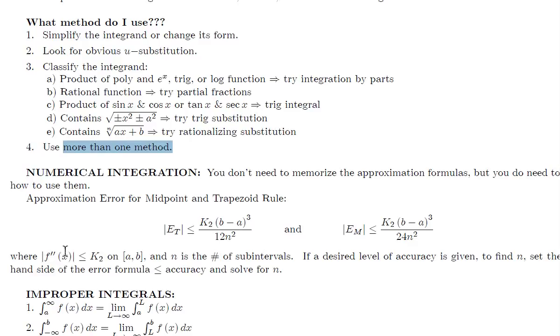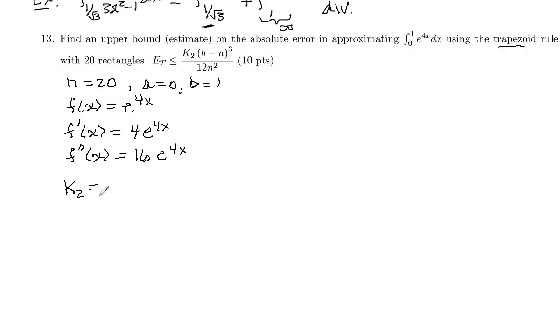The absolute value of the second derivative has to be less than that number k sub 2. So that's saying that k sub 2 is an overestimate of the absolute value of the second derivative. Okay, so we want this k sub 2 to be a number that's bigger than 16 e to the 4x. I'm going to go ahead and put the absolute values around here just to remind us that once you get that second derivative, you have to take absolute value. But absolute value of 16 e to the 4x is just 16 e to the 4x. It is positive.